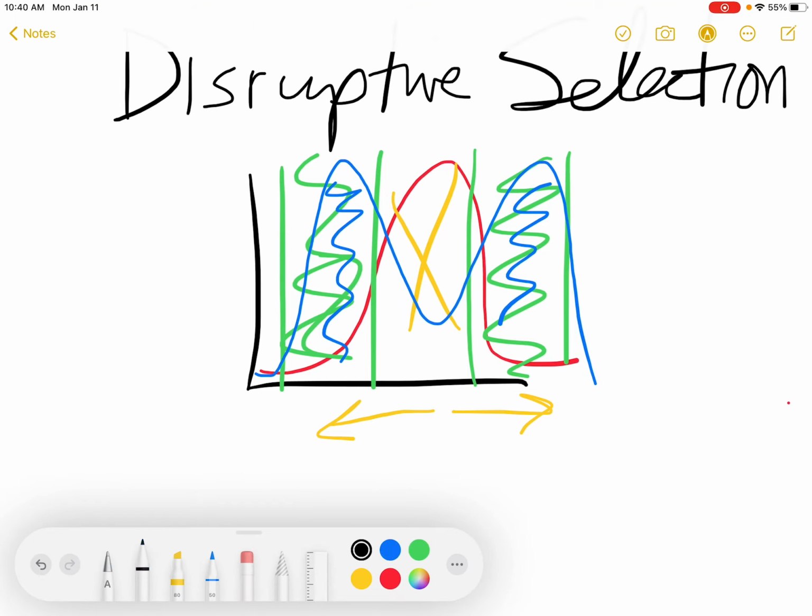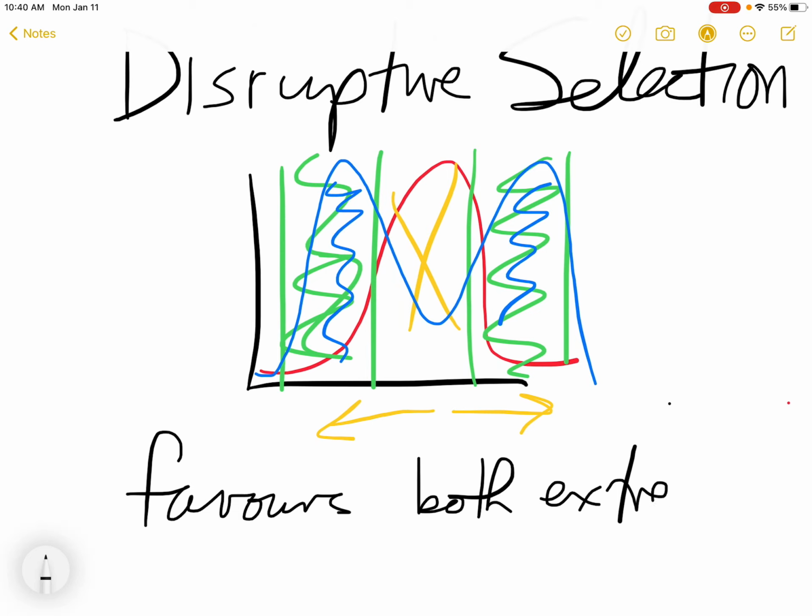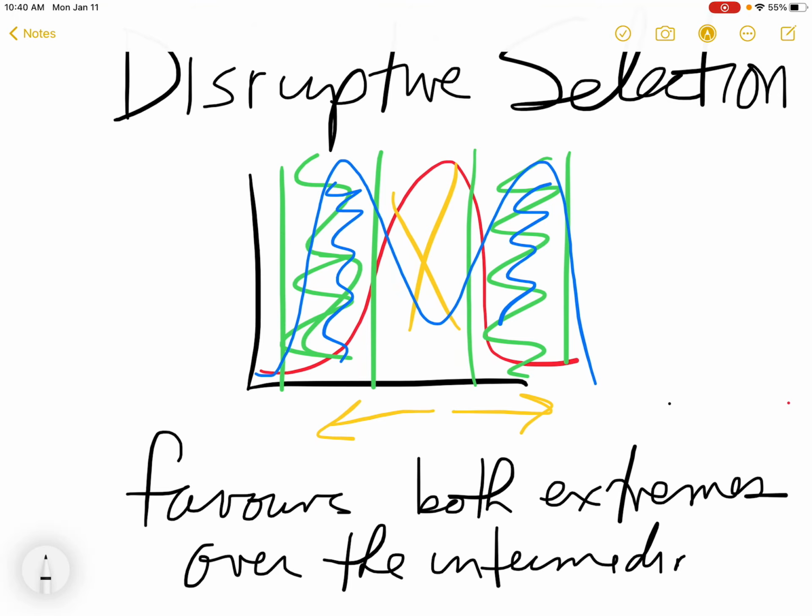But it's definitely a change in the phenotypes of this population. So we could say that it favors both extremes over the intermediate phenotypes.